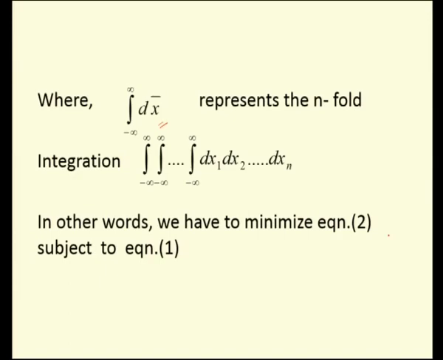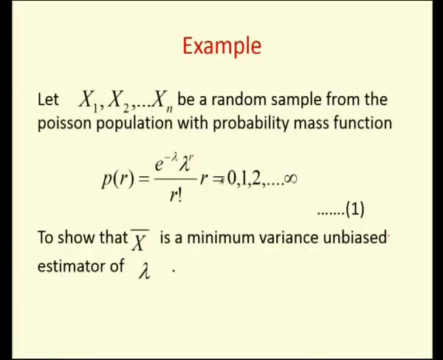So, let us see how to go about this concept of the method of minimum variance through an example. Let x1 etc. up to xn be a random sample from a Poisson population with probability mass function P of r equal to e power minus lambda, lambda power r by r factorial, where r takes the values 0, 1, 2, 3 etc. up to infinity.